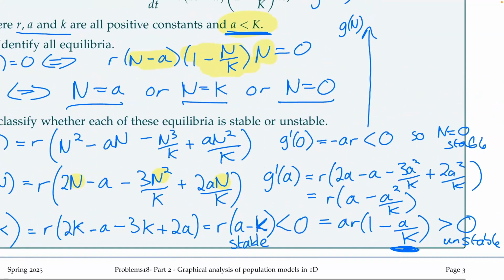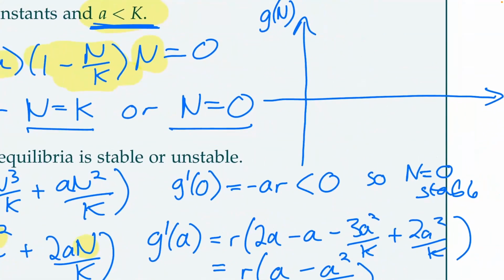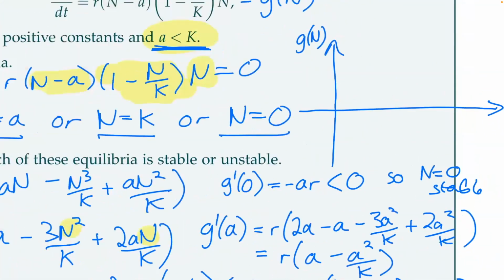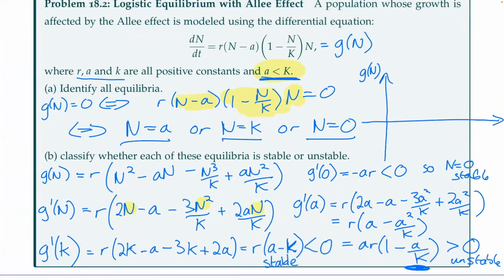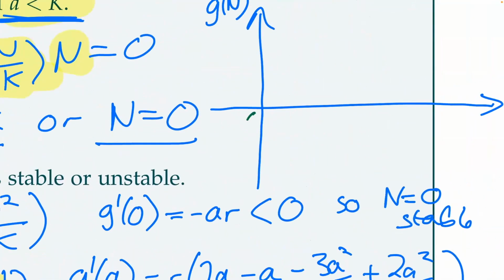But if we had just thought about this graphically, if I zoom in here, by looking at the first two, I know that my gradient of my g is negative at 0 and at k. So I know I cross the axis at 0, a, and k, and the a is less than k. And I know my gradient here is negative. And my gradient over here is also negative.